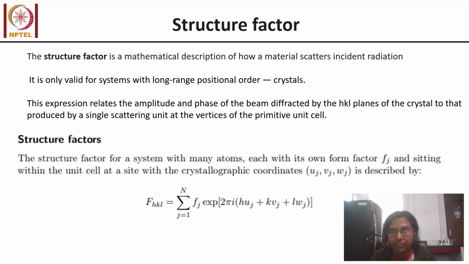Because in every HKL plane there will be some atoms, so there will be some electron density in that plane, and when X-rays fall on that plane, the electron densities or the atoms will scatter the X-rays, and we get the structure factor of that plane. So the structure factor basically comes from the scattering centers, or the atoms, present in the different HKL planes. This is the formula of the structure factor.